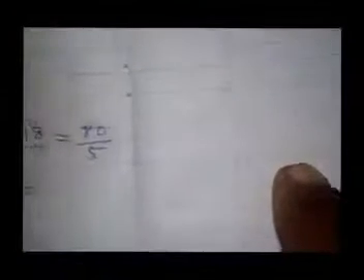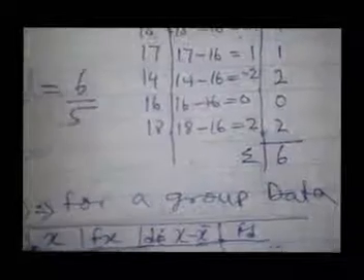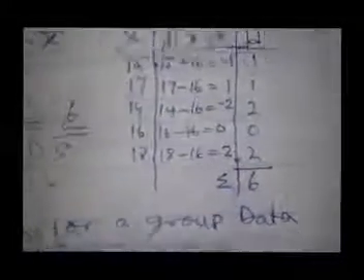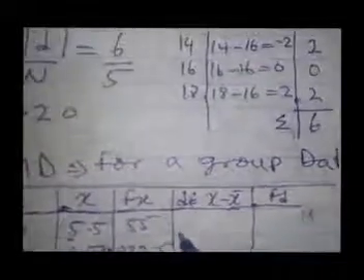So from there, we'll now come here. We'll say 5.5 minus 23.5 gives us minus 18.